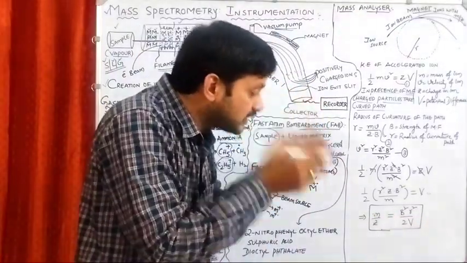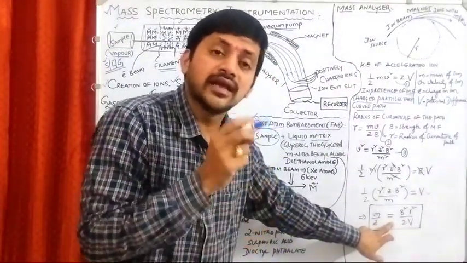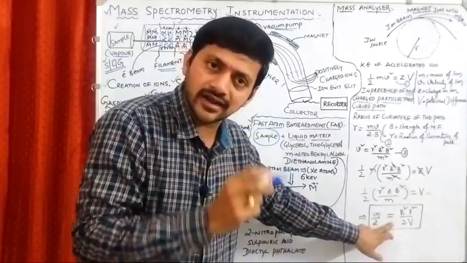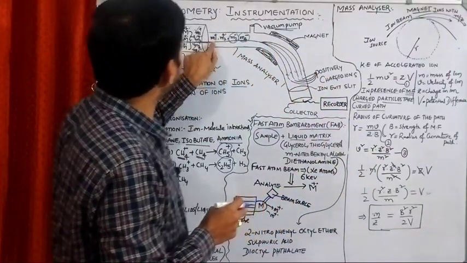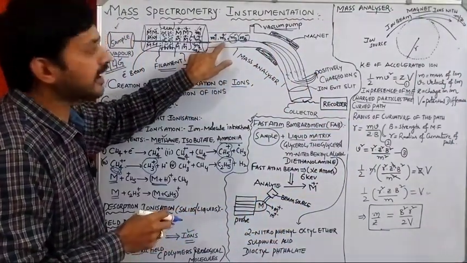So by using this particular formula, we are going to calculate the m by z value of each and every simple cation or radical cation. See this one, M1 plus, M2 plus radical. This is the simple cation, this is the radical cation.